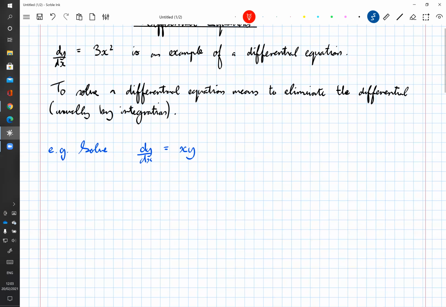So the method we're going to use is called the separating the variables method. And we'll go through it step by step.